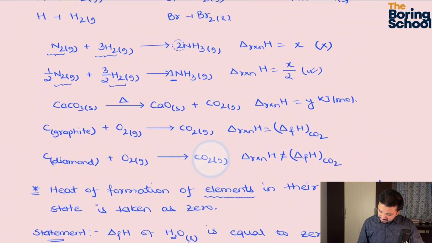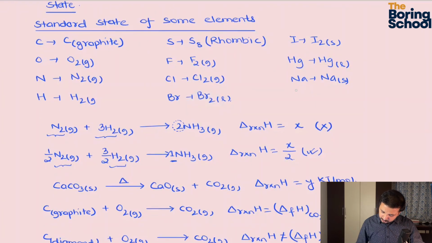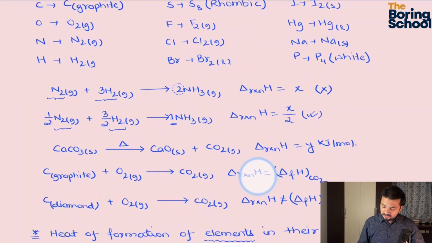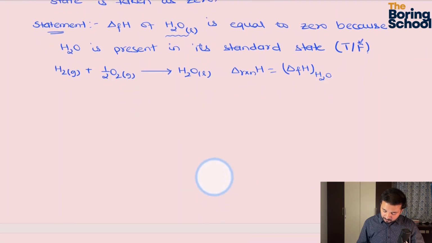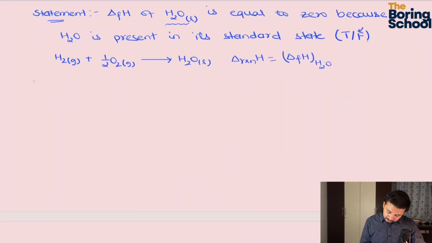One more example we forgot to write in this. For phosphorus, it is P4 white. White phosphorus is the standard state of phosphorus. Fine, so this point you have understood. One more point: heat of formation of H plus ion is taken as 0.